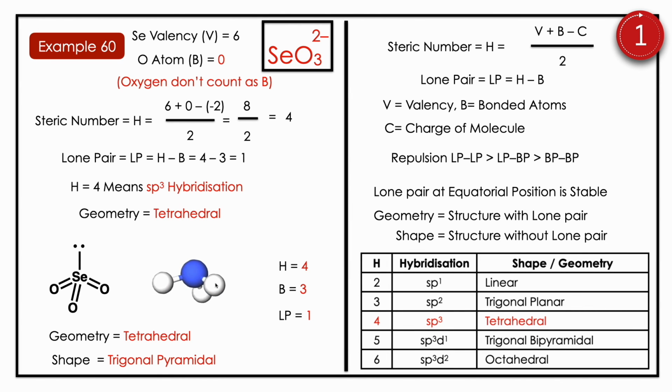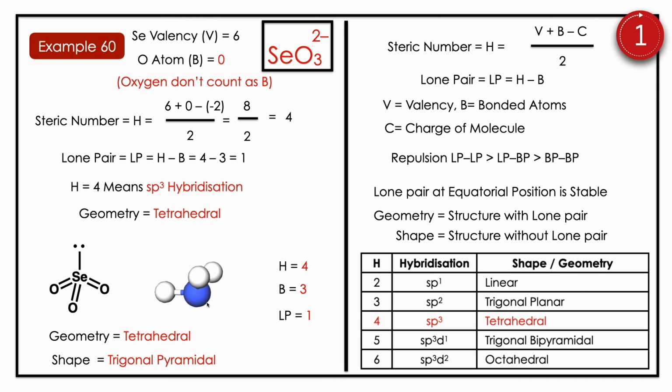Then example 60, SeO3 2 minus. Selenium is in the oxygen group, valency is 6. Oxygen you should not count, so 0. Steric number will be 6 plus 0, plus 2 for the charge, which gives 8 by 2 gives 4. Lone pair will be H minus B, which is 4 minus 3 equals 1. H4 means sp3 hybridization.